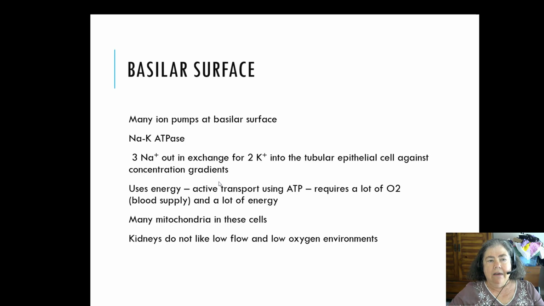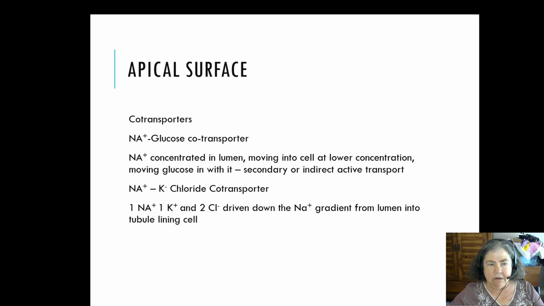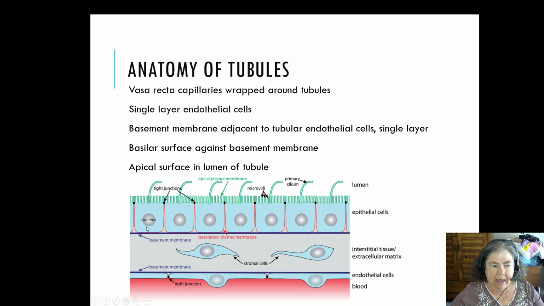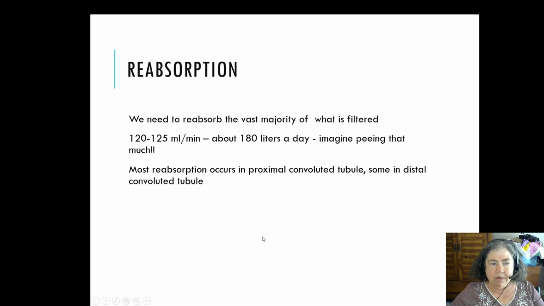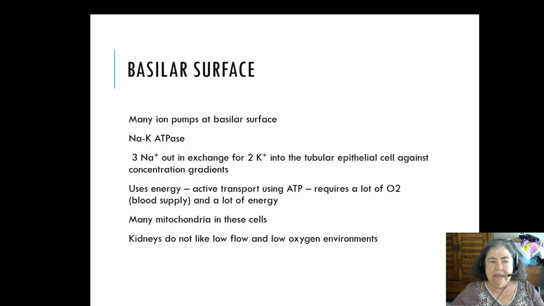There are a lot of ion pumps at the basilar surface. At this surface, in contact with the extracellular fluid adjacent to the capillary, the primary of those ion pumps is the sodium potassium ATPase. And you remember this pump.